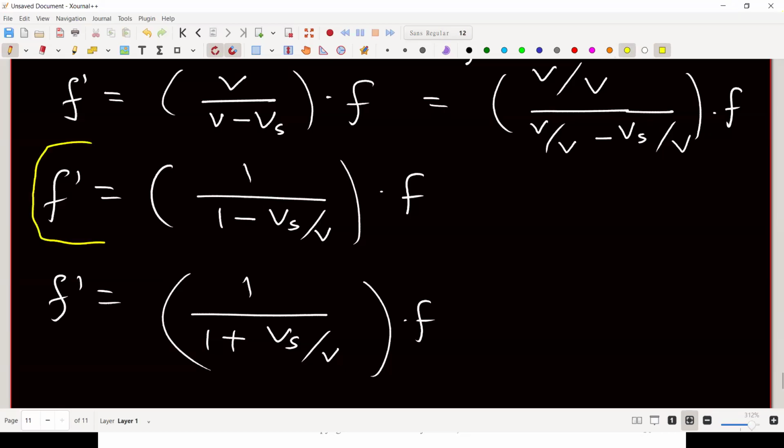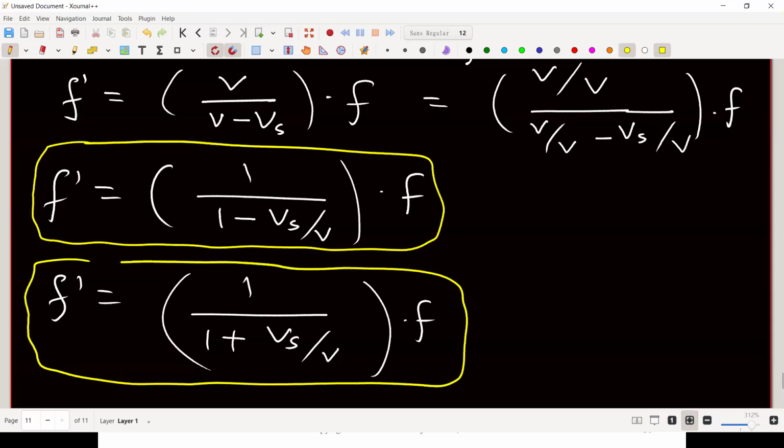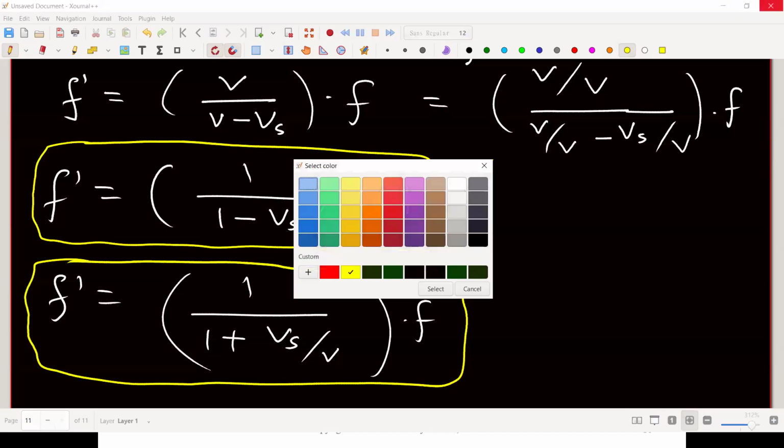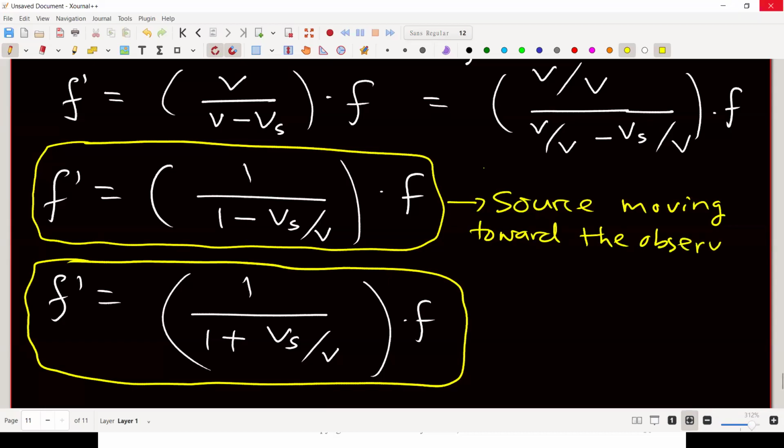This one is for the source moving toward the observer, but this one is for the source moving away from the observer.